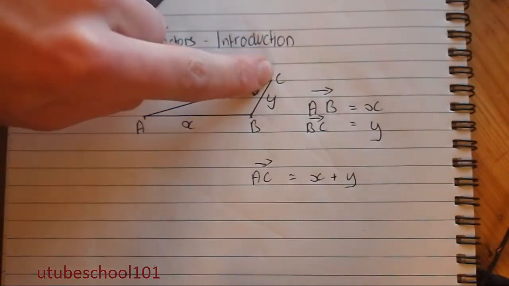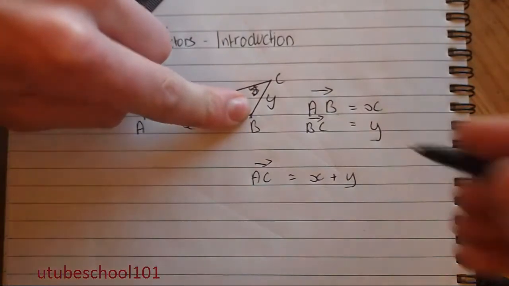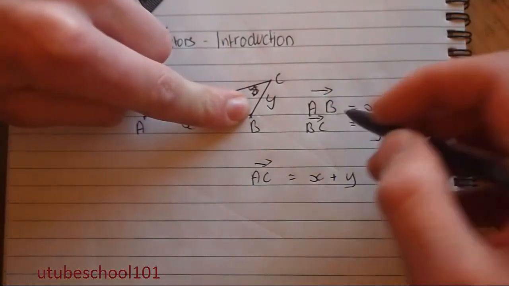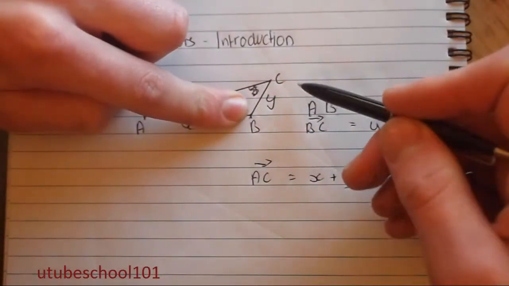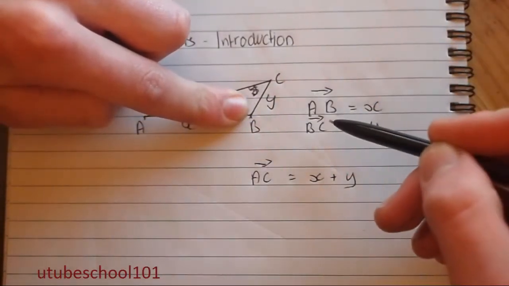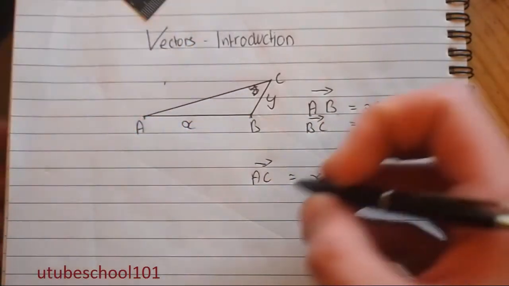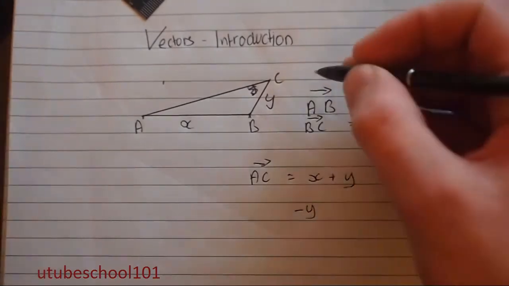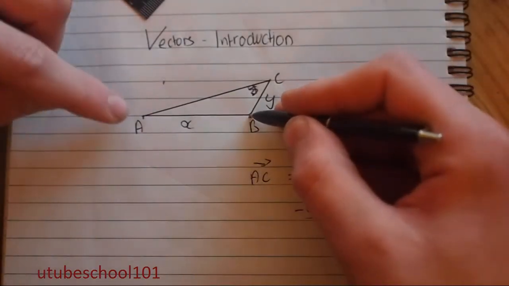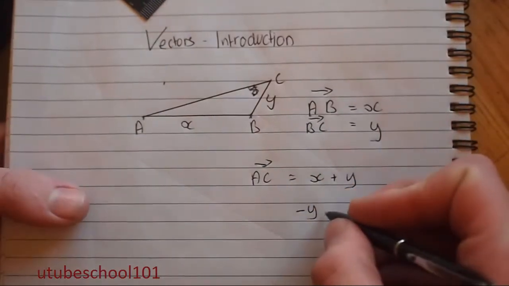Well, what I do is I go along the negative Y, because remember, Y is equal to B to C, but actually I'm going from C to B, so it's going to be negative. The arrow here is going to be in a different direction. So my journey, first of all, is going to be negative Y. And then I go from B to A. And this again is going to be negative because I'm going in a different direction.